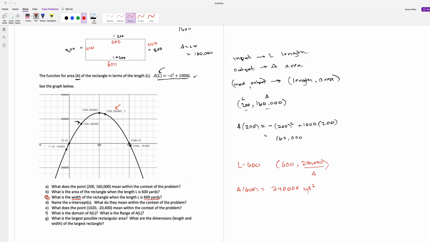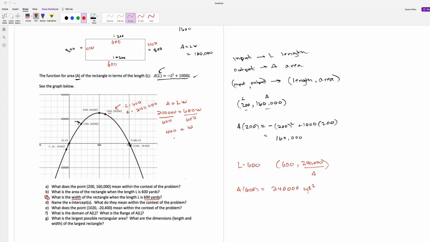Thinking about that same point where the input is 600, we know the length is 600 and the corresponding area is 240,000. Since area is equal to length times width, I know that 240,000 is equal to 600 times the width. One way to determine the width would be just solving that equation.